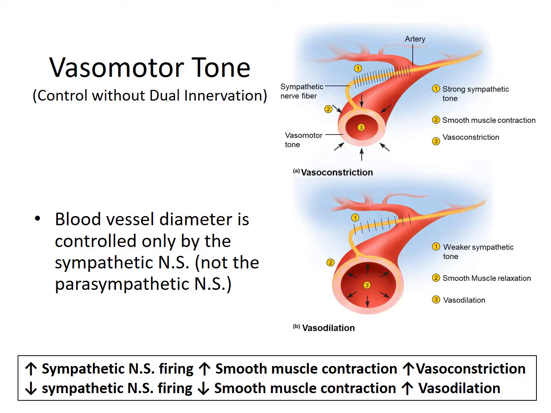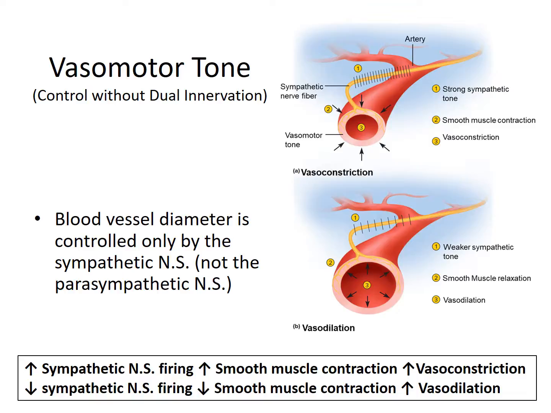The blood vessel diameter is only controlled by the sympathetic nervous system. There is no parasympathetic innervation of blood vessel diameter. So vasoconstriction and vasodilation are both under the control of only the sympathetic nervous system.